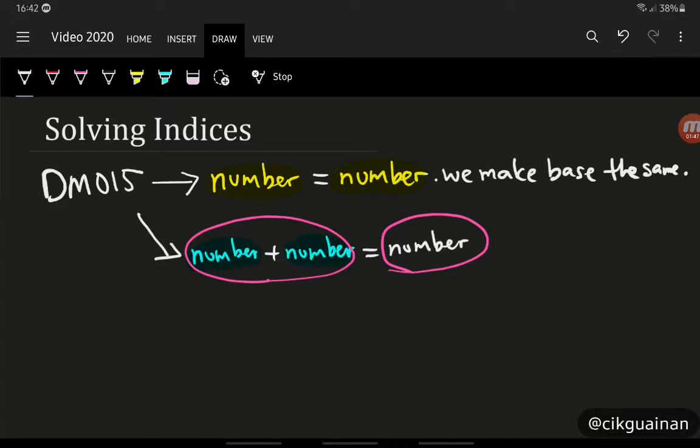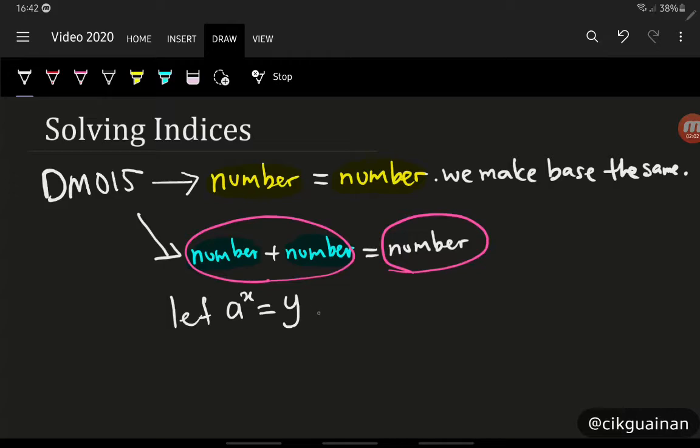So the only way we can solve it is we must let a certain base to a certain power, such as a to the power of x equals another variable, y perhaps.